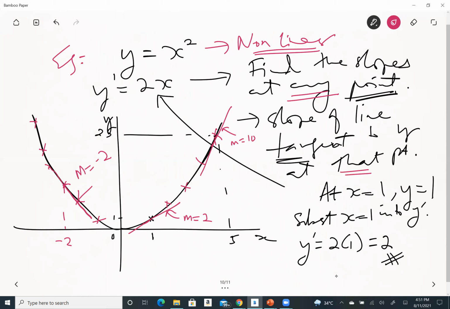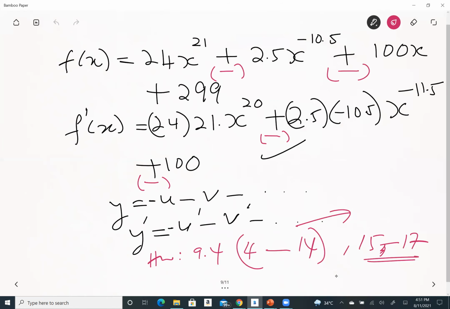For 15 to 17, just do part A. Don't worry about the instantaneous rate of change because that will involve limits, which is beyond our scope. We just do what we're doing now: apply the derivative principle.